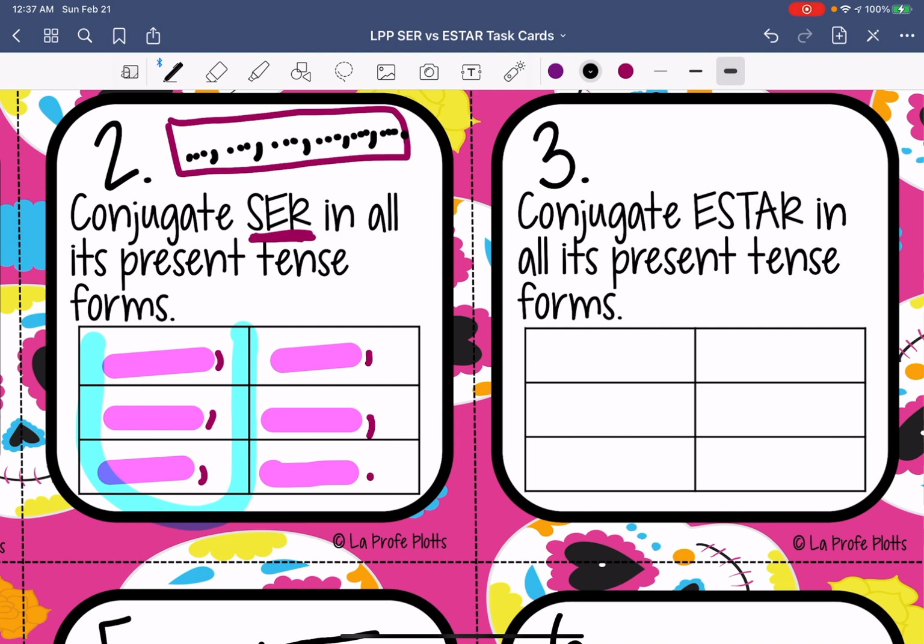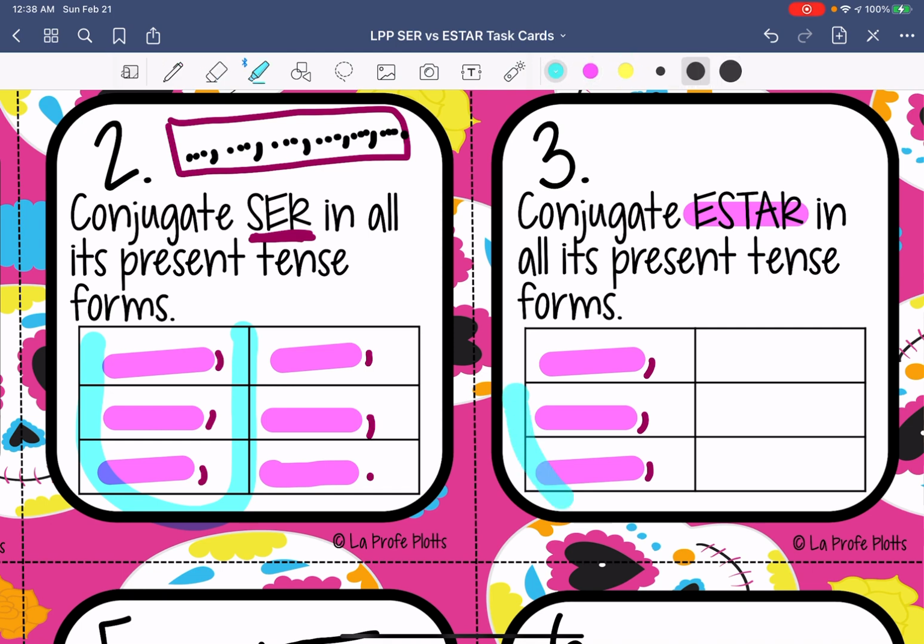You are going to do the same thing for number 3. On your blank number 3 on Schoology, you're going to conjugate estar in all its present tense forms. So you should have 6 answers, just like the previous one. The yo form, comma, the tú form, comma, él, ella, or usted form, comma.